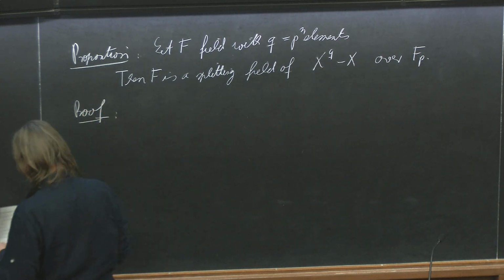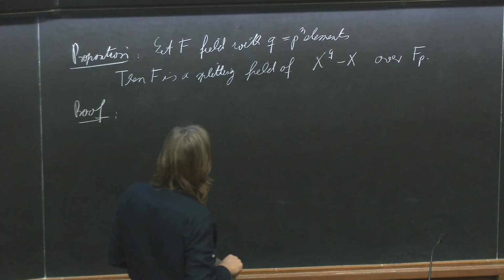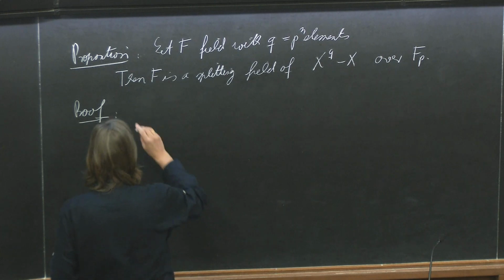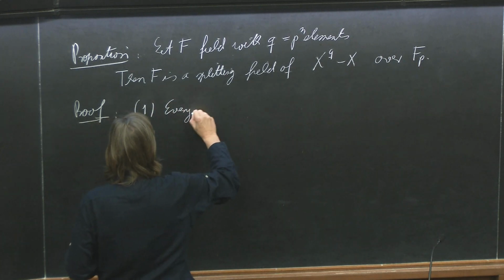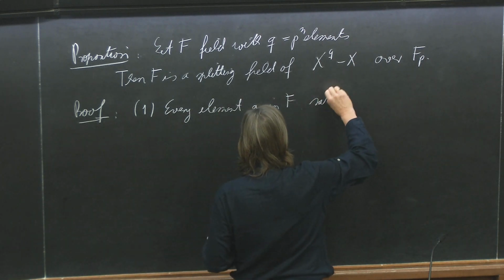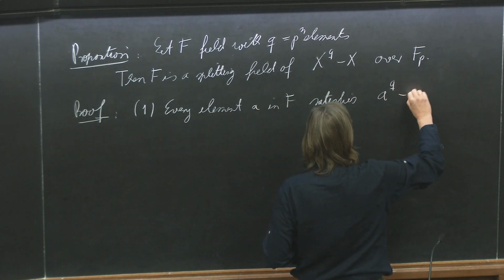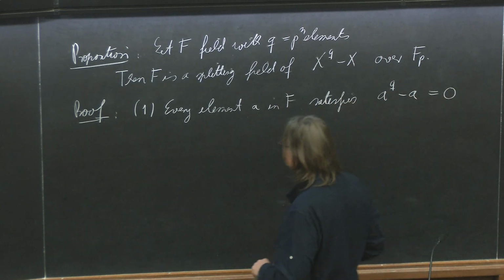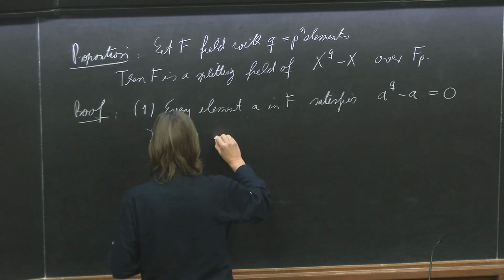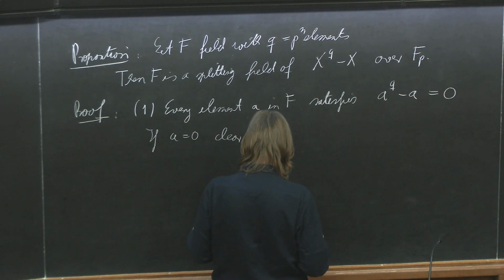Let's see why that is the case. First, we will show that every element in F satisfies this equation. So first, every element A in F satisfies A to the q minus A is equal to 0. Why is that? If A is equal to 0, this is clear. Otherwise, we are in the multiplicative group.